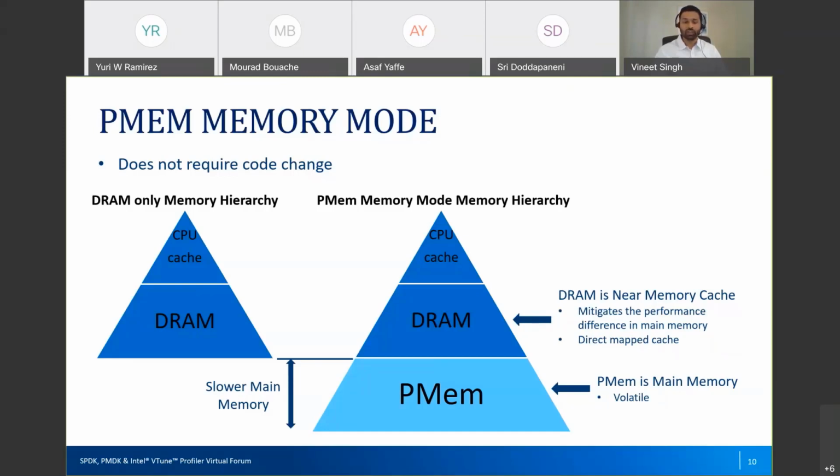So we have a nice set of features both in Platform Profiler and the other parts of VTune like microarchitecture analysis and hotspot analysis, which are very specific to PMM Memory mode and give you the kind of information that you're looking for. For example, the near memory cache miss rate.